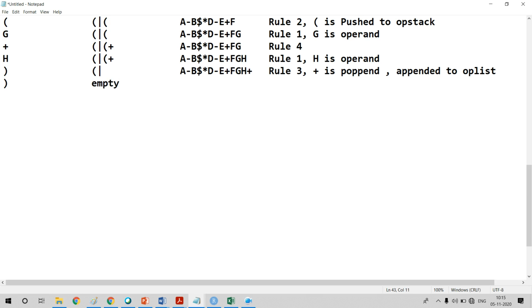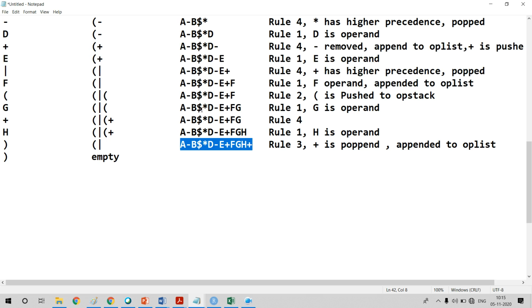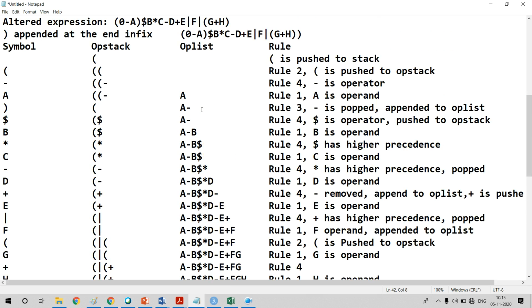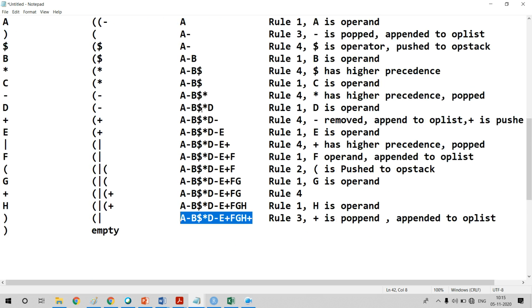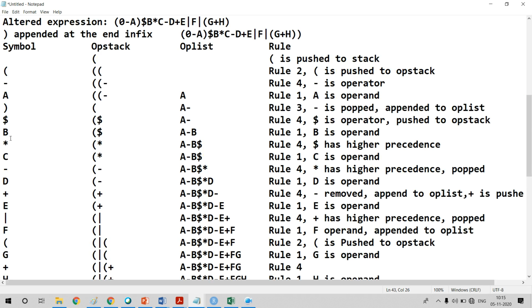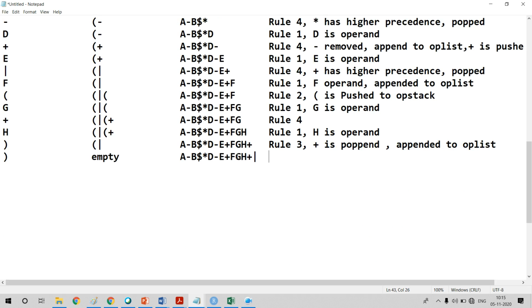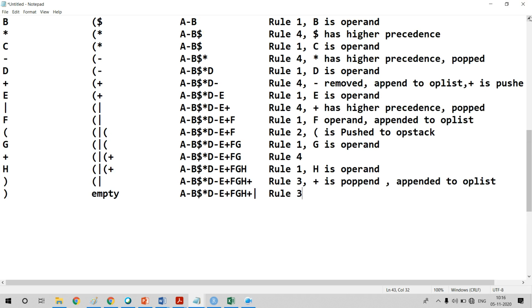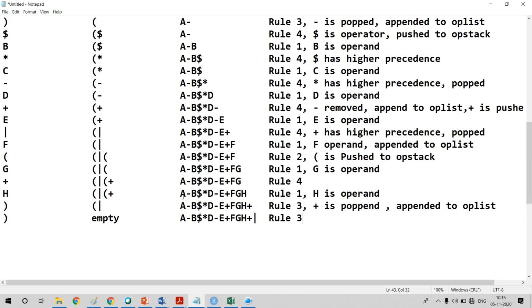So this OP stack becomes empty, or will be added at the end of expression because of rule number 3. Think I missed one symbol, it's okay. In this way, the infix expression is converted.